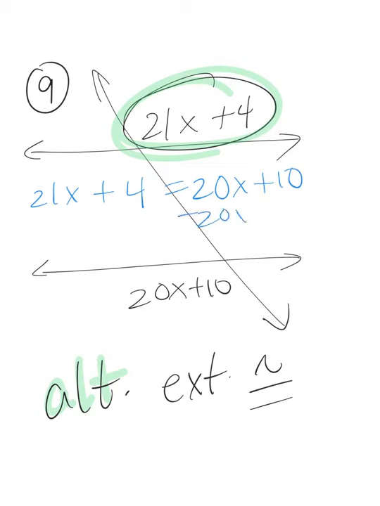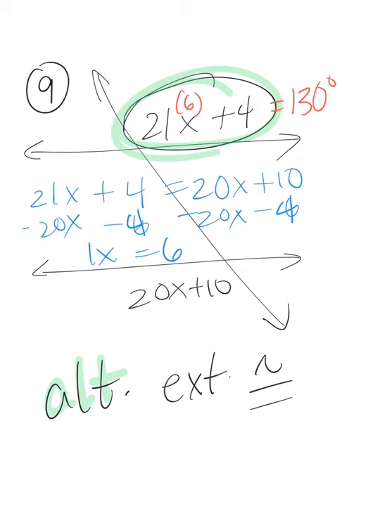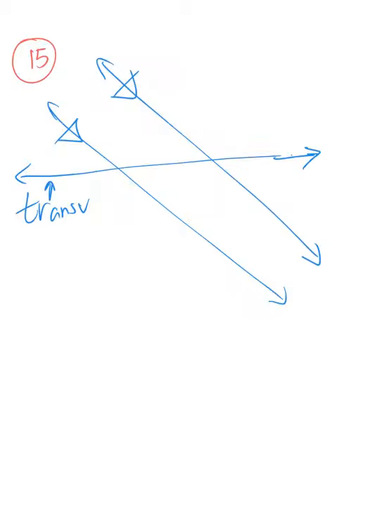I'm going to move the x's to the left side. x is 6, and if I plug 6 right back in there, you get 130 degrees. And hopefully if you plug x into the other equation, you would also get 130.